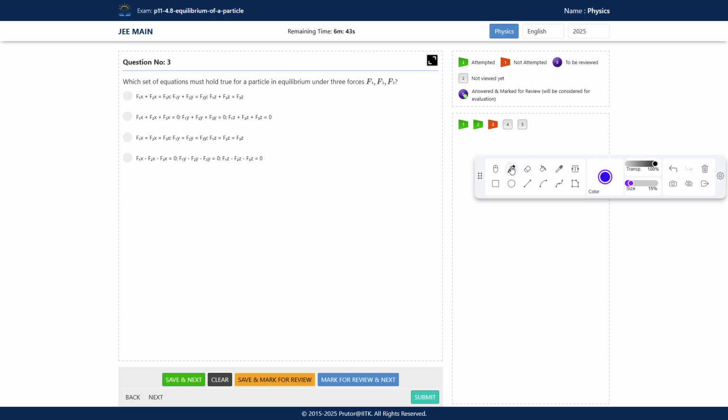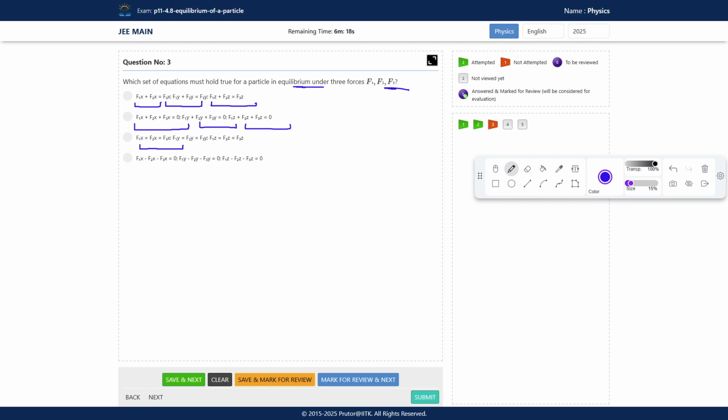Third, which set of equations must hold true for a particle in equilibrium under the forces F1, F2, F3? So here we have some forces and you have to find out which relation holds under equilibrium of the particle. Please find the correct answer.